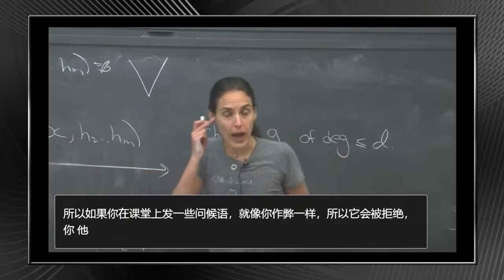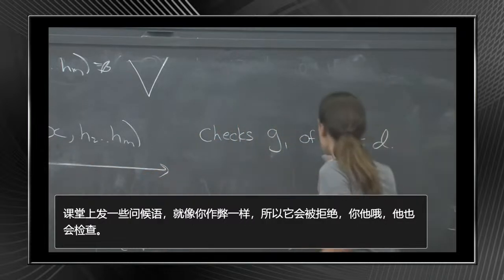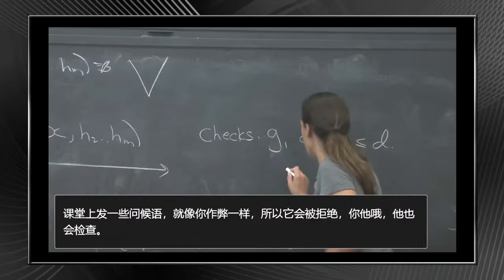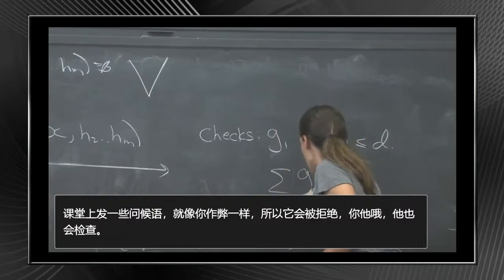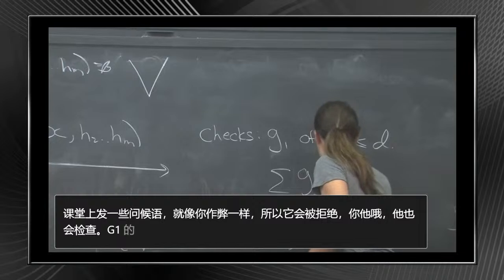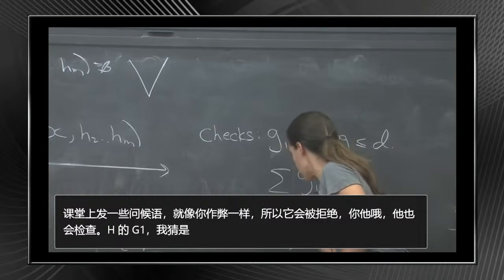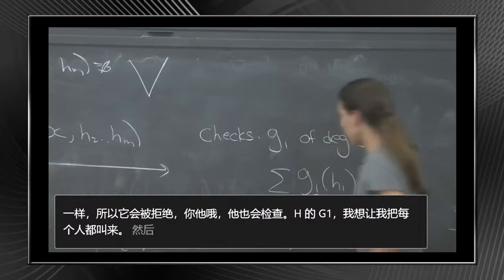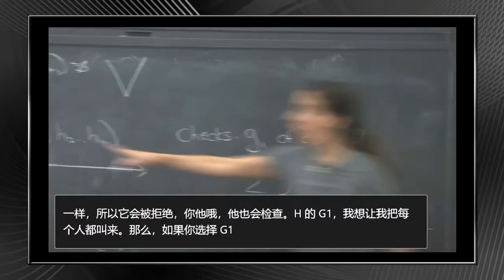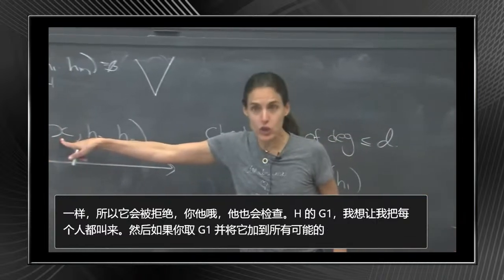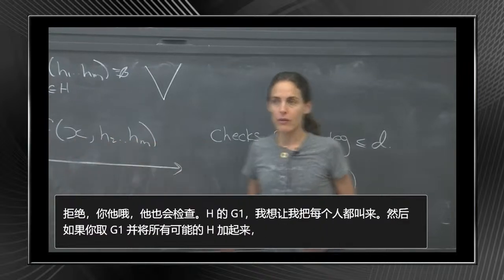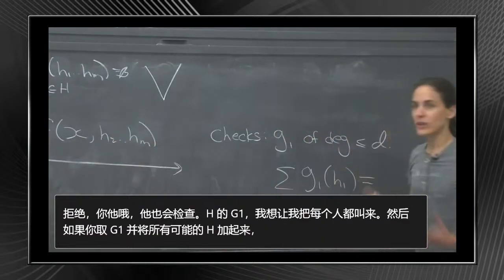He will also check that if you take g1 and you sum it over all possible h1 in H, what does he expect to get?